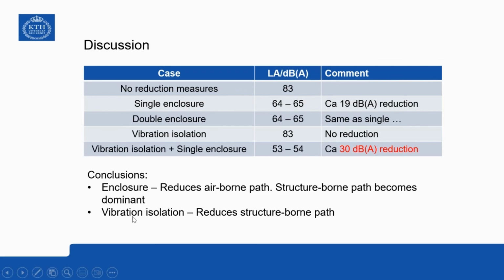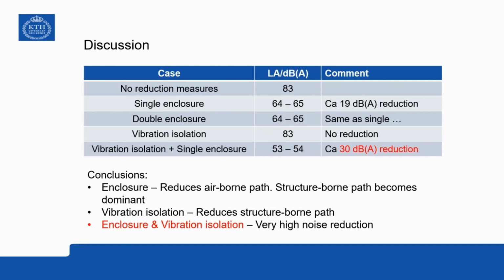And this is where the vibration isolation comes in, because the vibration isolation reduces the structure-borne path, since it reduces the vibration on the plate and the tabletop. And if we combine these two, then we have reduced both these important transmission paths, the airborne path and the structure-borne path. And then we can reach very high level noise reductions.